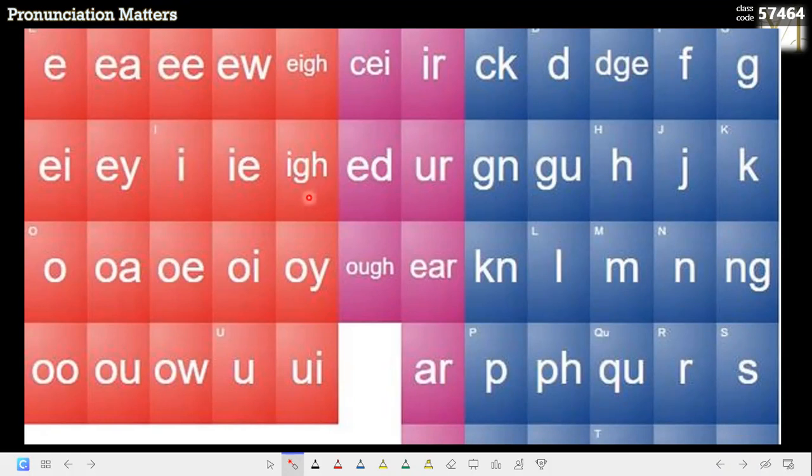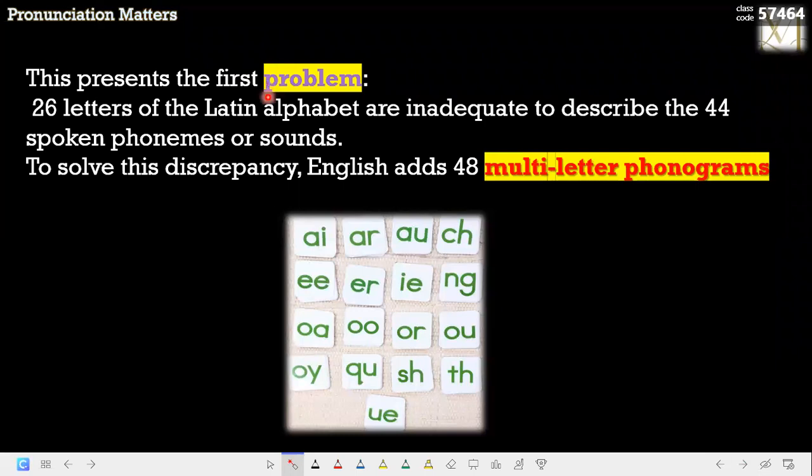A phonogram is a letter or a group of letters or sounds that are always connected together and produced in a particular way. We need to study phonograms. Before we talk about phonograms, I want to talk to you about the problem in English pronunciation.